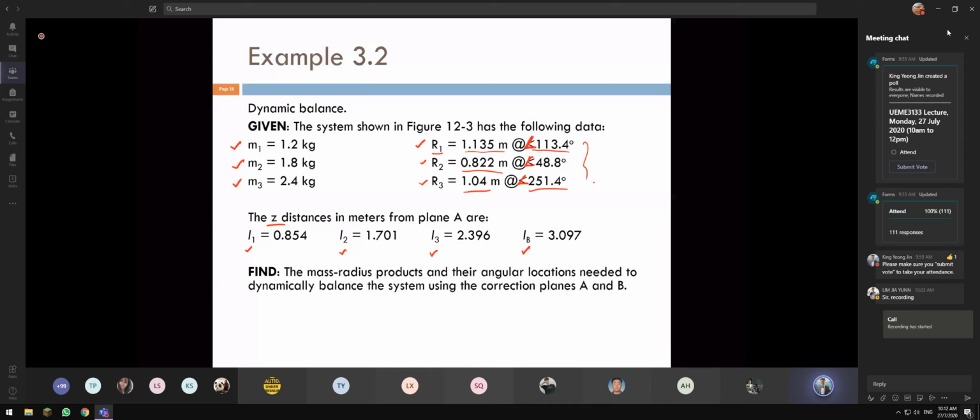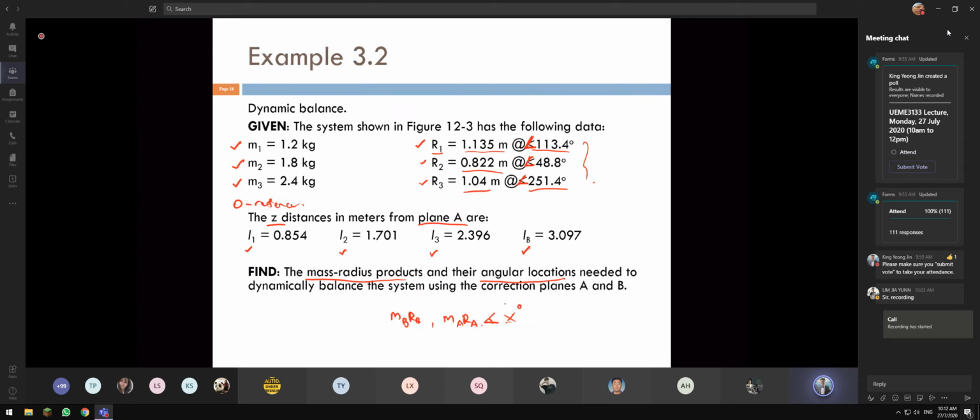Because the question already sets O as a reference, the measurement is all from plane A. So what we need to do is normally find the mass radius products, meaning MB RB and MA RA, and their angular location.